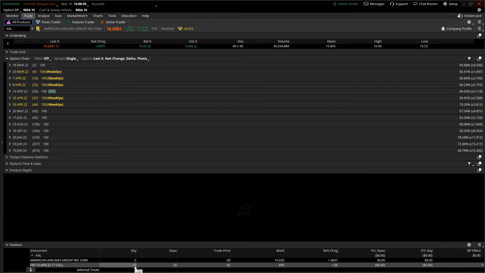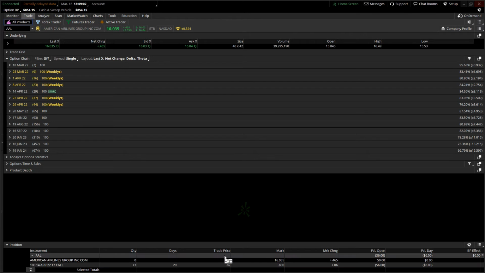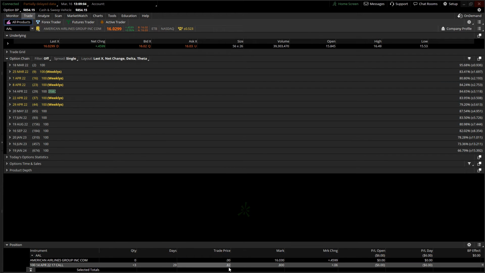I picked up 3 contracts. All 3 contracts expire worthless in 29 days. Each contract was 82 cents, or $82, times 3, and that's the cost of the trade. Right now price is at $80 and the trade is down $6.